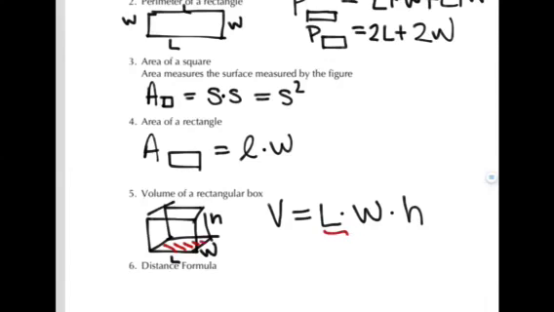You get the idea. The dimensions are the length, the width, and the height. Volume is length times width times height, because you're basically taking this rectangle, whose area is length times width, and then filling the box this high up.